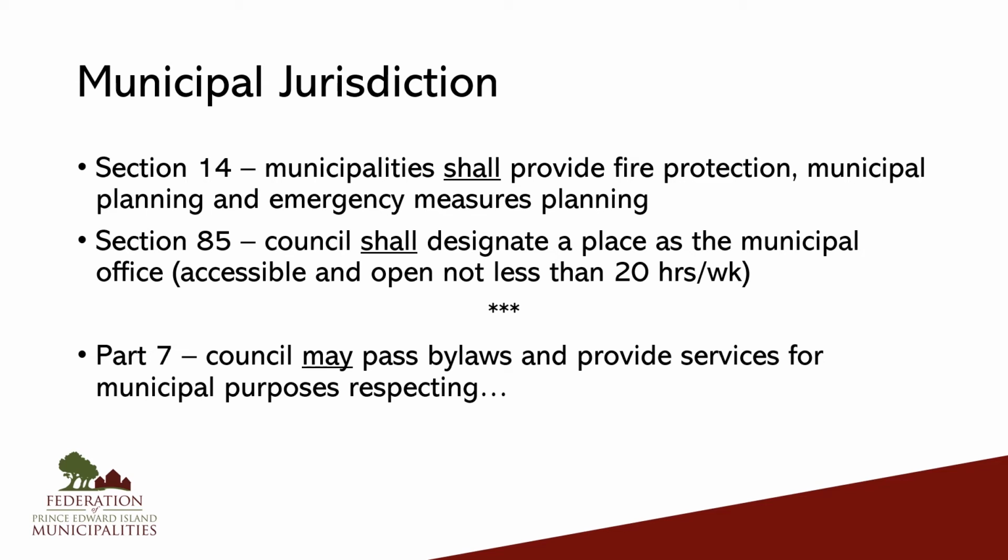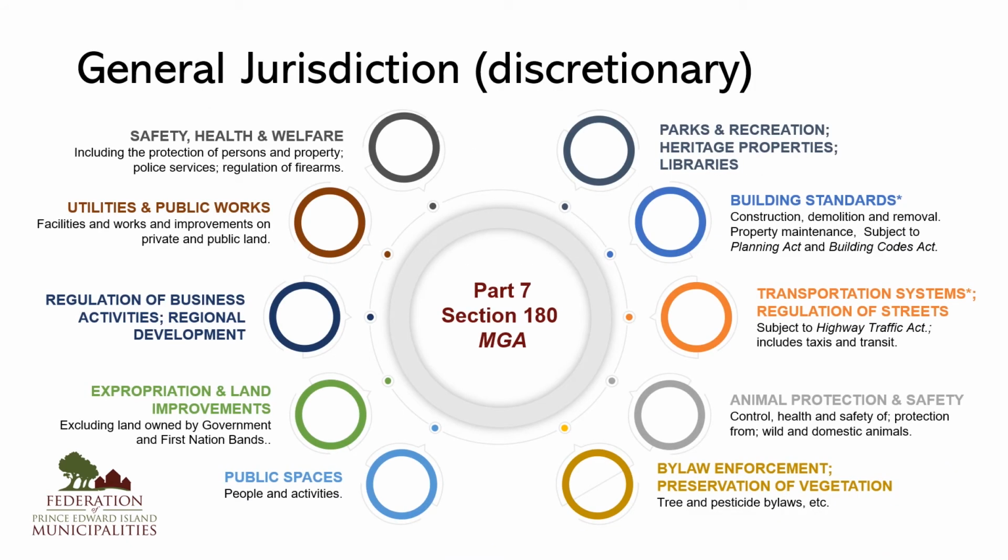If you turn to Section 180 at this time, you see that long list of A through U, and includes services in a number of different areas. And these areas are listed here under the general discretionary jurisdiction of the municipality.